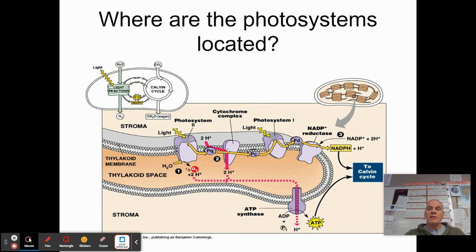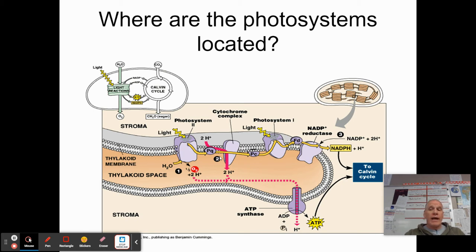The cytochrome complex is a multi-protein proton pump that pumps protons from a low concentration of protons in the stroma into a high concentration of protons in the thylakoid space.